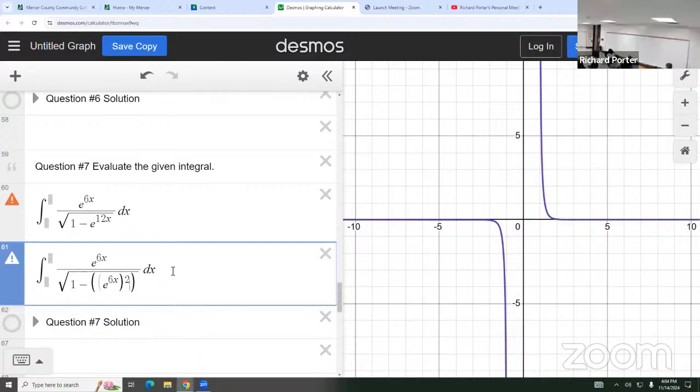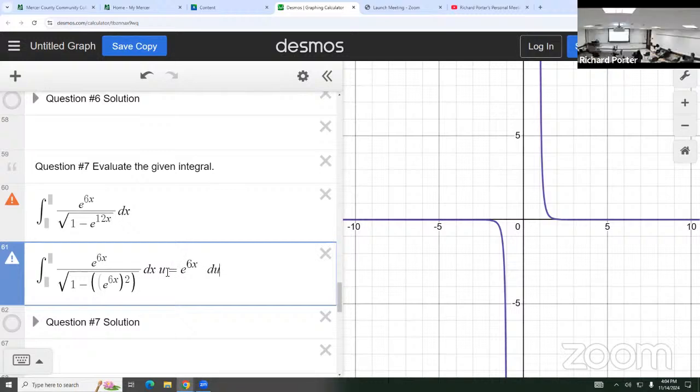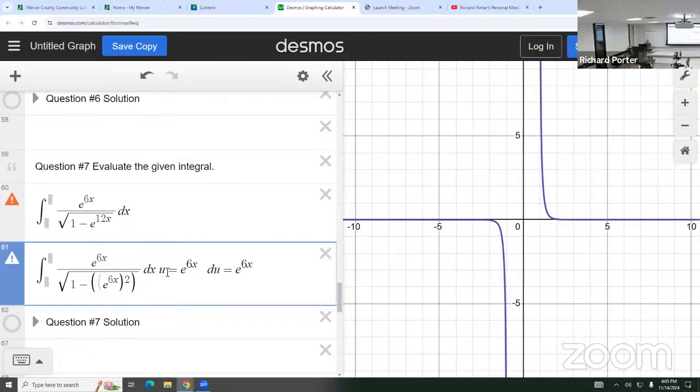And now, if I just let u equal e to the 6x, what's du going to be? The derivative of e to the x is e to the x. This is e to the u, so it'll be e to the 6x will stay up there, but it'll be times what?